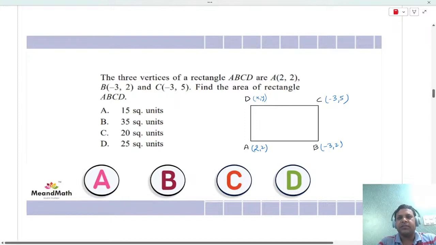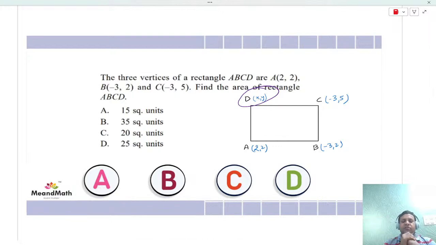And in this question you can find the fourth coordinate. If the question says find the fourth coordinate, then you can find it easily. एरिया वो भी हम फाइंड आउट कर सकते हैं.